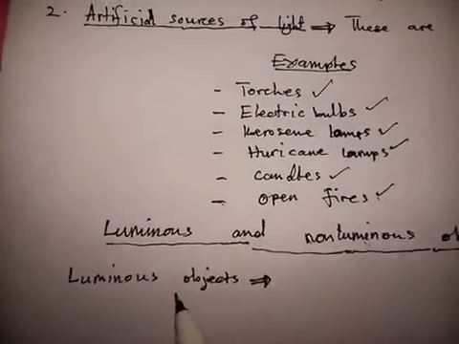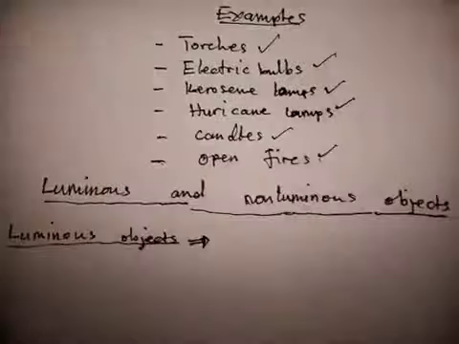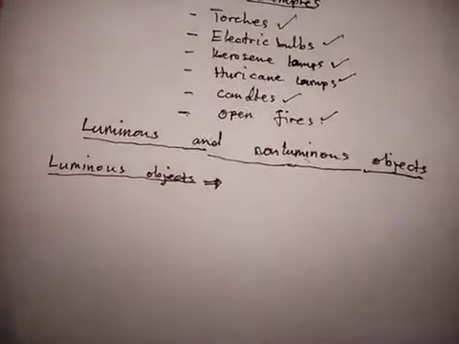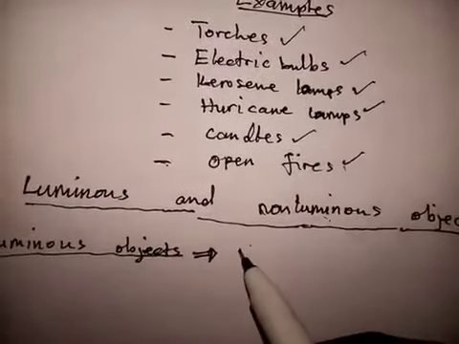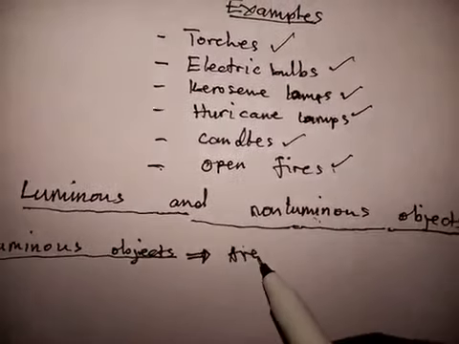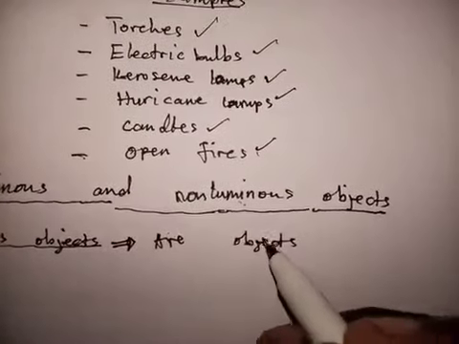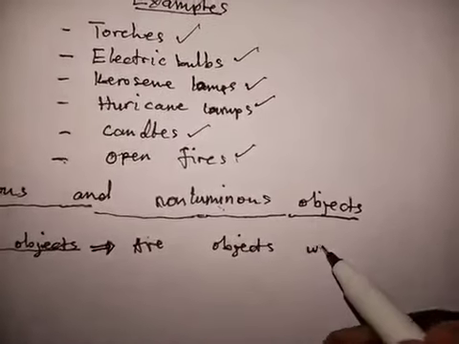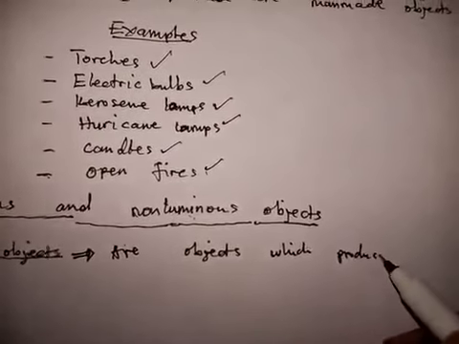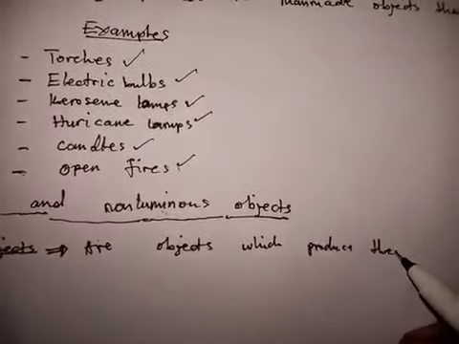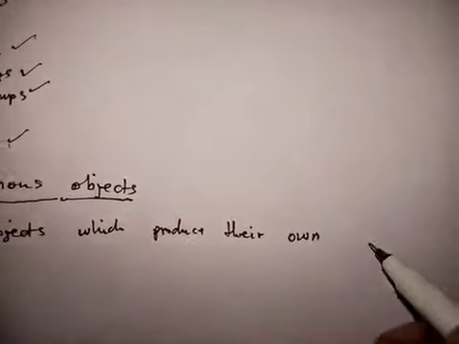So let us see. When we talk of luminous objects, these are objects which produce their own light.